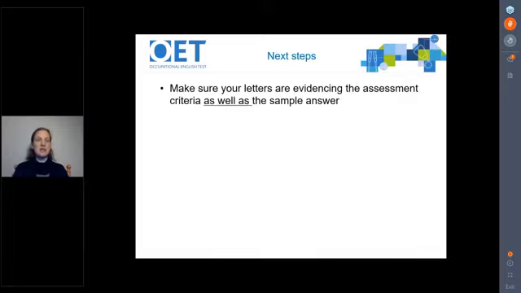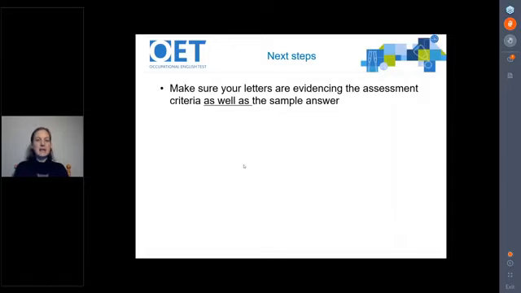So my recommendation is to make sure that your letter evidences the assessment criteria as well as the sample answer. So if yours is different, but you can evidence using the assessment descriptors that it's as good a level as the sample answer, then you've got nothing to worry about. Your answer option would also be very well received by the assessors.